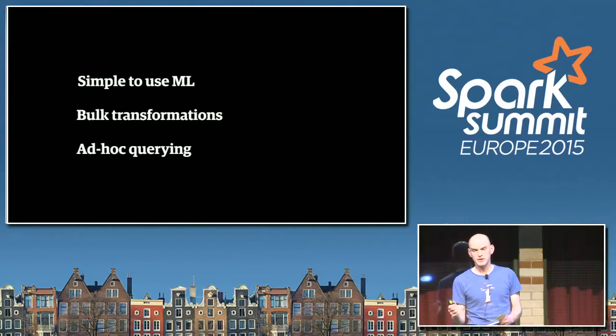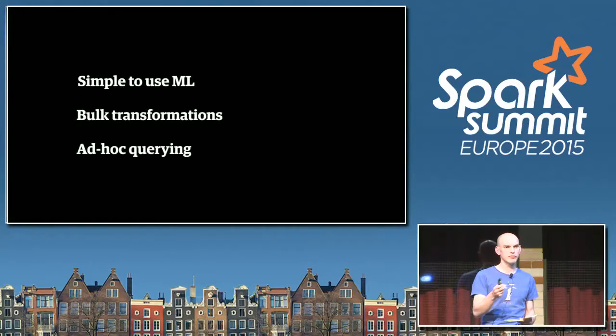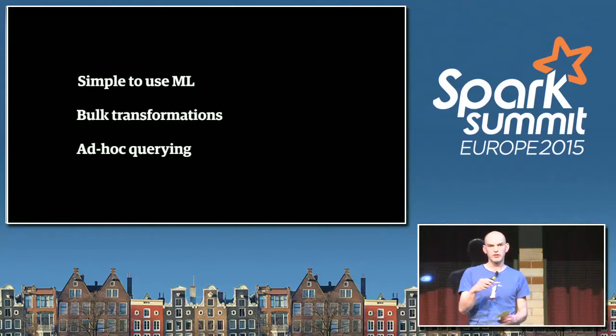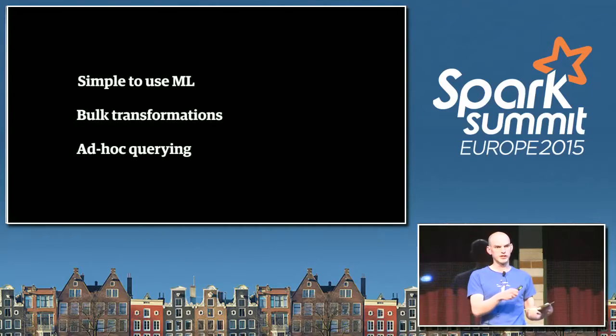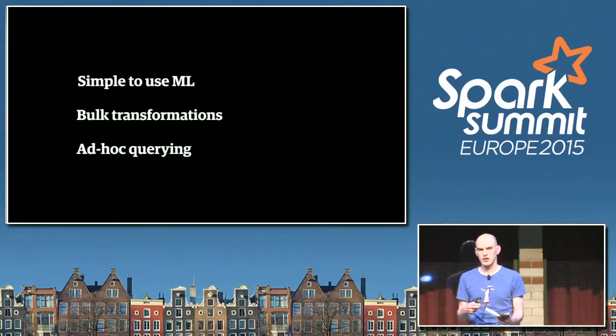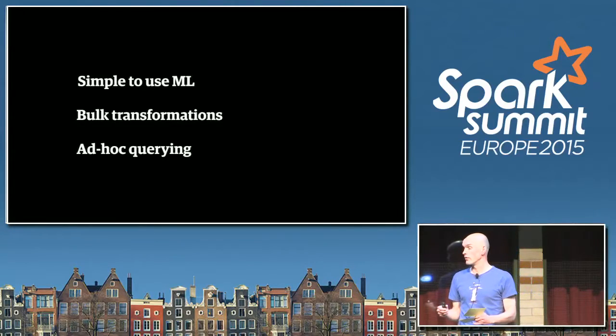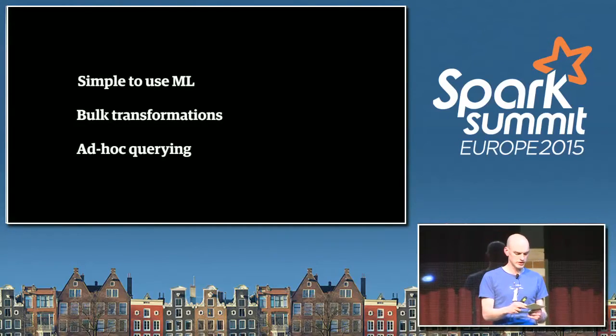Particularly now that we have the data frames API coming in, it provides a way to really blend the best of the relational model of querying data with being able to provide your own functions in a very natural manner into the system, rather than having to move into the world of UDFs and so on, and mix the functional paradigm with the relational one. And that's something which I think is a really nice benefit of using Spark.